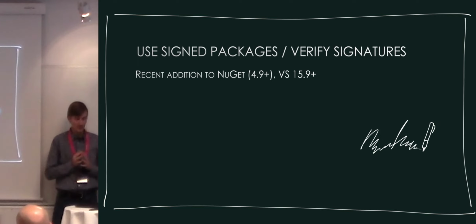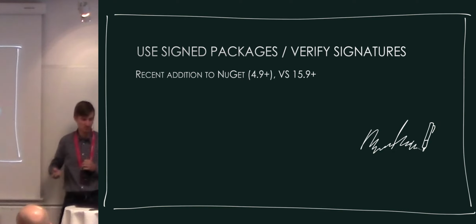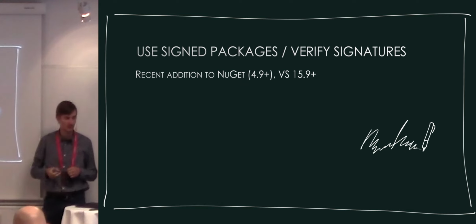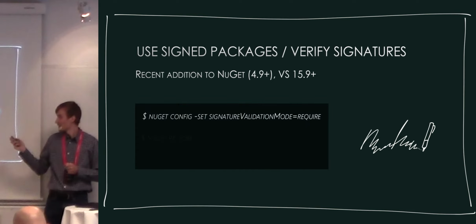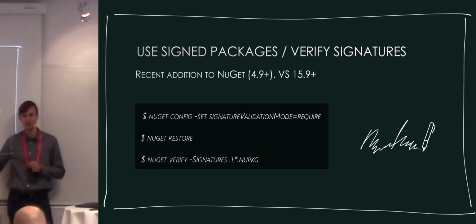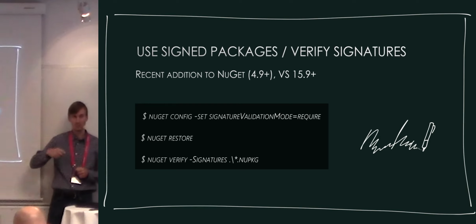So first of all, using signed packages. In one of the recent NuGet versions, I read 4.6, it also started supporting it, but somehow semi-officially. They added verification of signatures for packages. From now on, packages can be signed with the author certificate or with the feed certificate when uploading them.